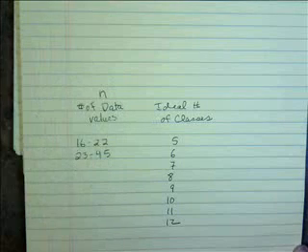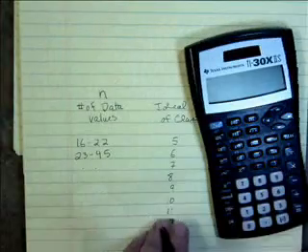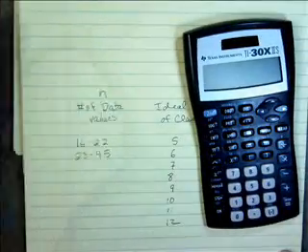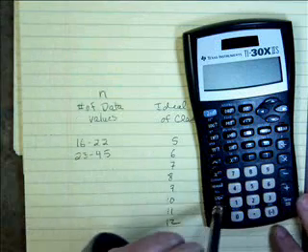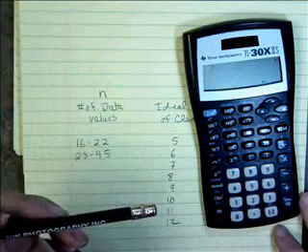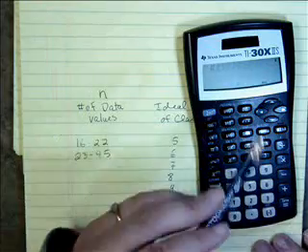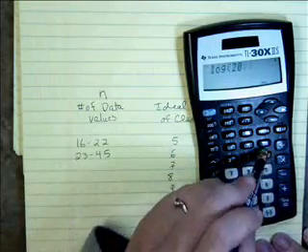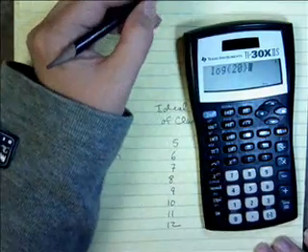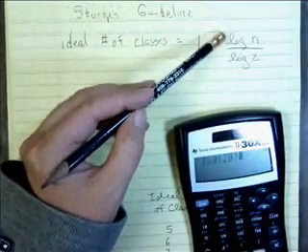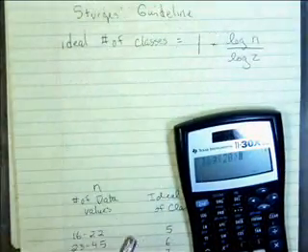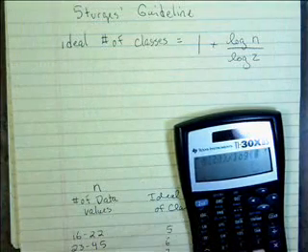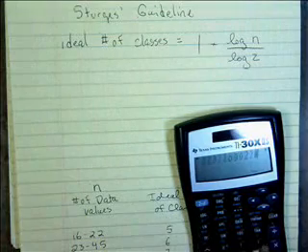We could take a number in the middle here, and with our calculator, say if we want to just randomly choose 20, I can say log of 20, that's my log of n up here, log of 20 divided by log of 2.